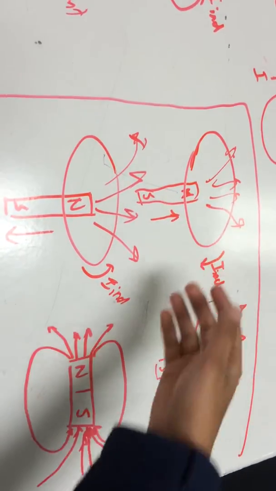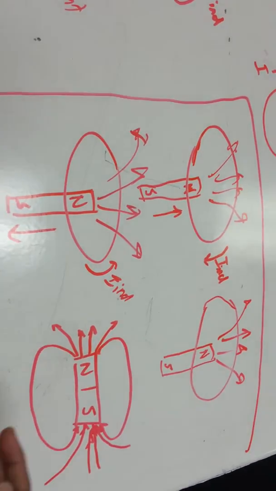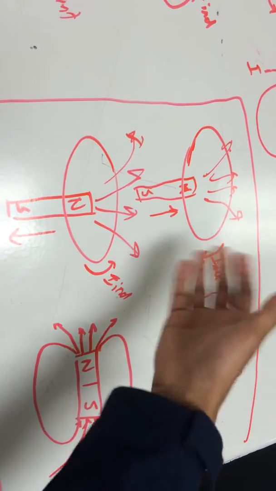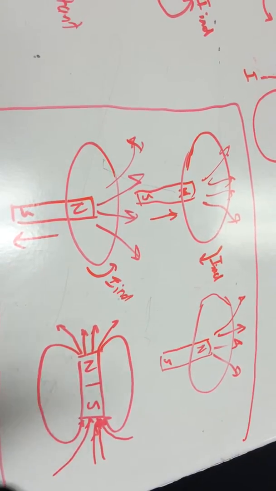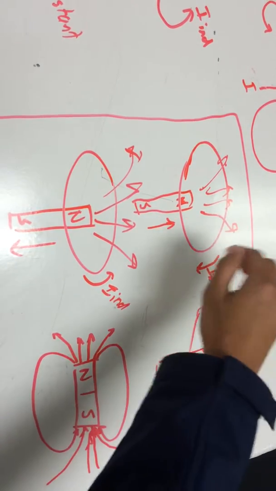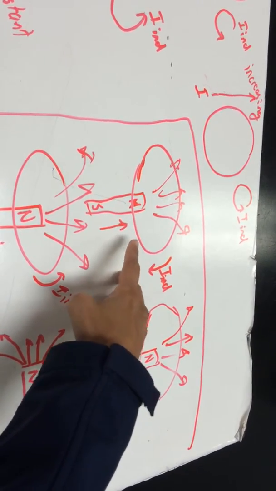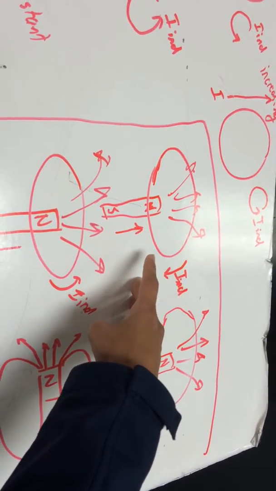Following the Lenz's law properties that we just described in the previous example, since the bar magnet is moving closer to the loop, we have more magnetic field, think of it as more magnetic field lines, pushing into the loop. So in this case, we'll have an induced current that's coming this way around, and the magnetic field will be increasing, and there will be a greater change in magnetic flux.